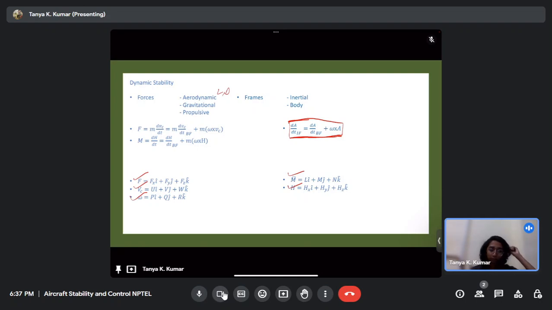Now tell me what are measured in the inertial frame and what are measured in the body frame, of the parameters given in these equations. The forces, the velocity, the momentum, what all? Give three categories of forces. What are measured in inertial? What are measured in body? Are they all measured in body? Are they all measured in inertial?